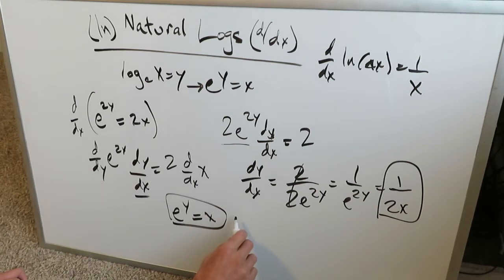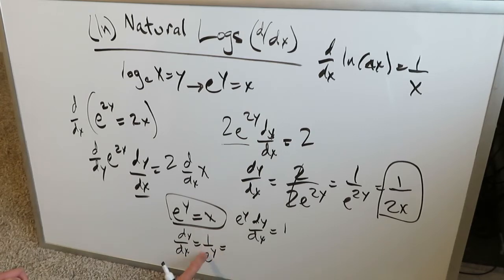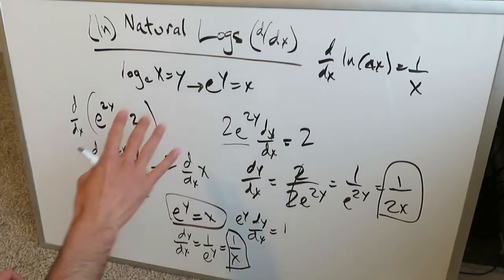And I'm showing you very quickly over here, what you get is e to the y dy over dx. Remember down in the process we ended up having 1 over here, and then we solved for dy over dx, which was equal to 1 over e to the y. 1 over e to the y was resubstituted for 1 over x. This right here is basically the main thing you want to focus on in terms of all of this.